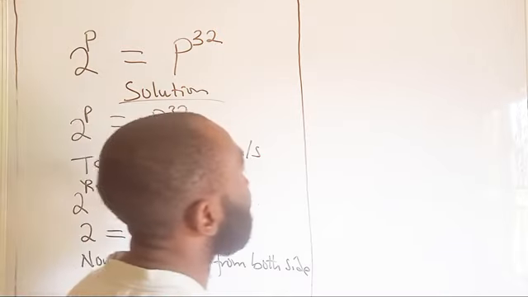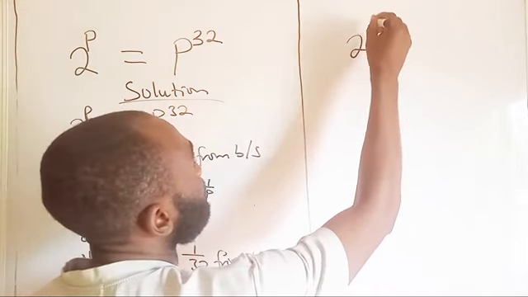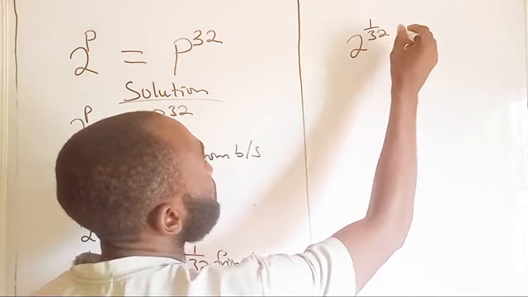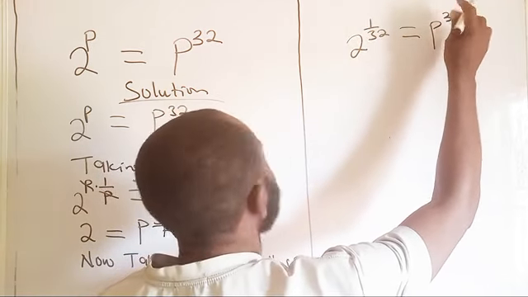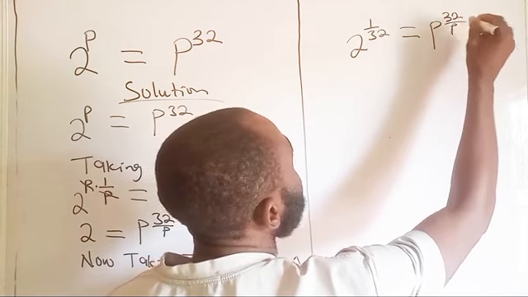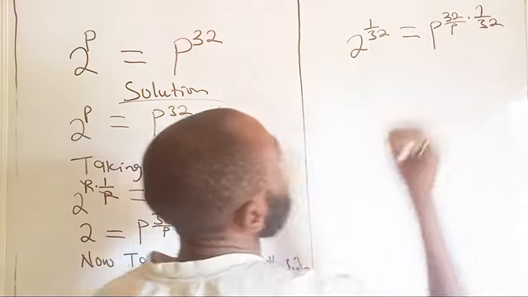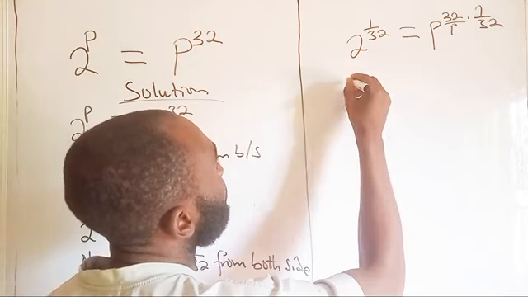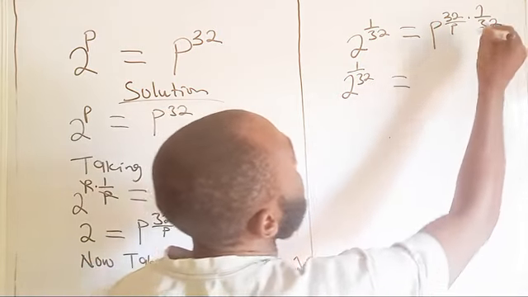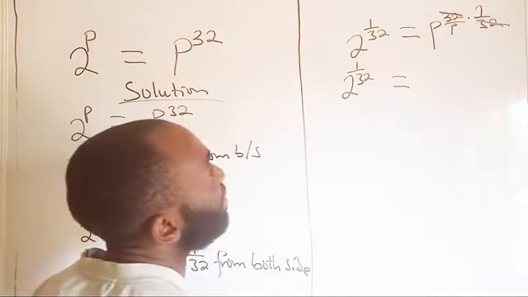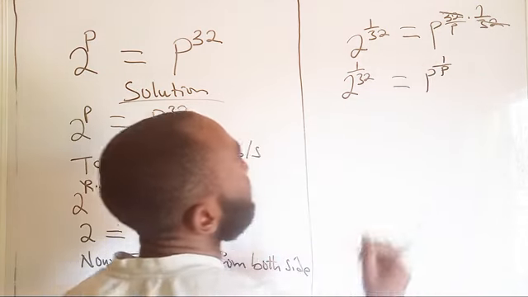So from here now we have 2 raised to the power of 1 over 32 is equal to p raised to the power of 32 all over p multiplied by 1 all over 32. You have 2 to the power 1 all over 32 is equal to, here 32 divided by 32 is 1. So you have p raised to the power of 1 all over p.